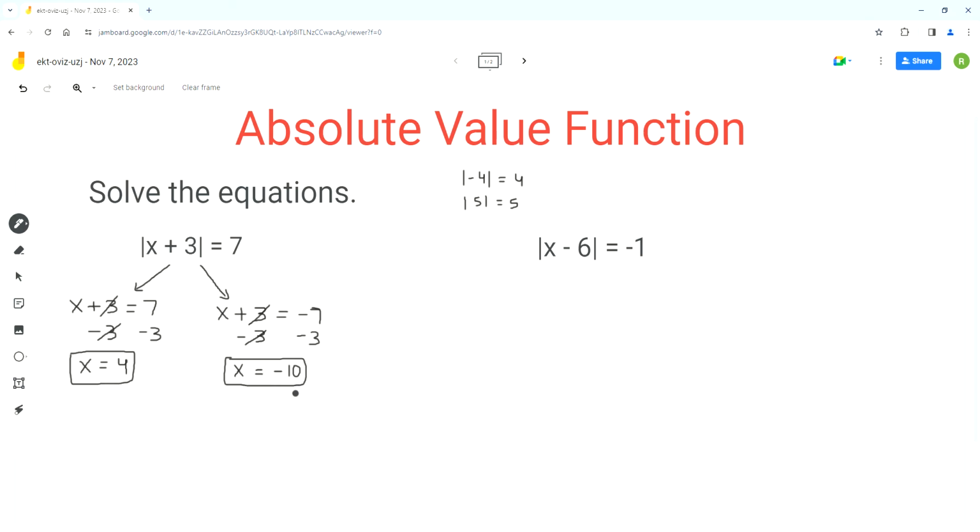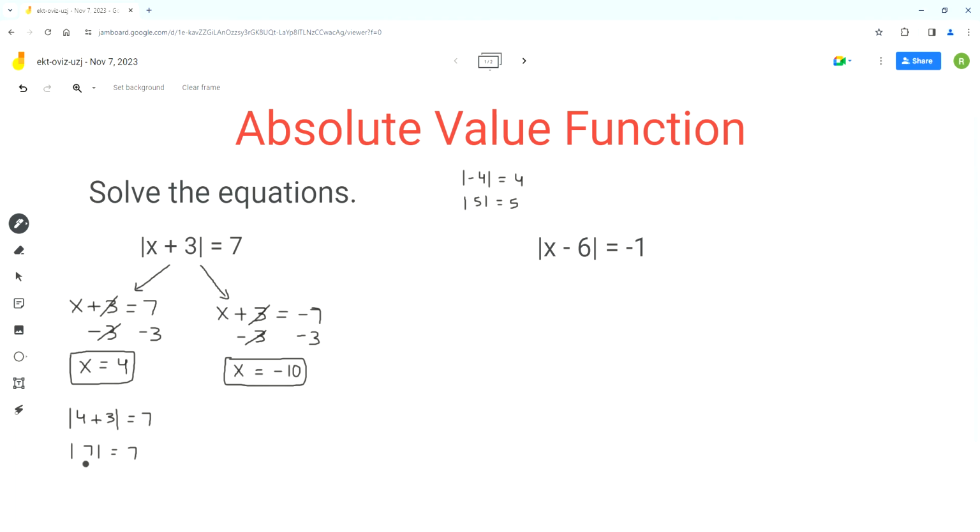Now we can check to see if our answers are correct, and I can show you why this equation has two solutions. First we can substitute x as 4. So we get the absolute value of 4 plus 3 equals 7. Now 4 plus 3 is between these absolute value bars, so we can add 4 plus 3, which is equal to 7.